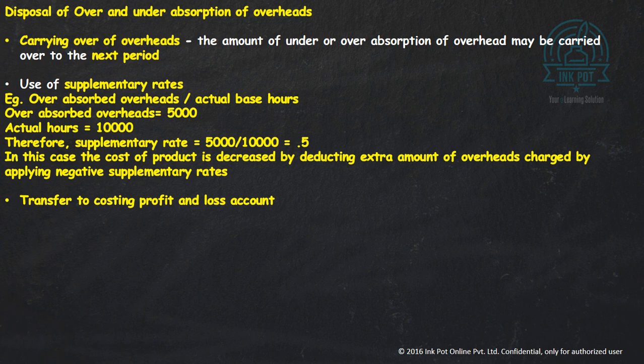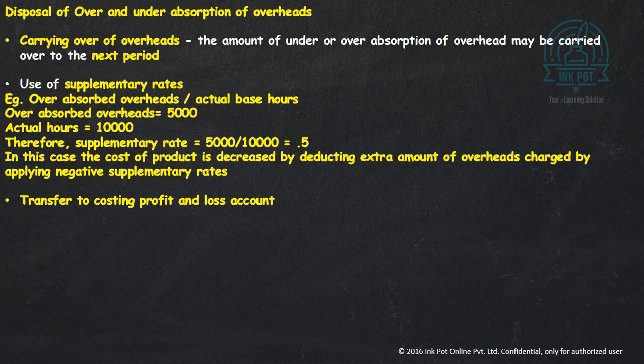But in case of under absorption of overheads, it is known as positive supplementary rate, right? So in case of under absorption, the cost of the product is increased by the supplementary rate.